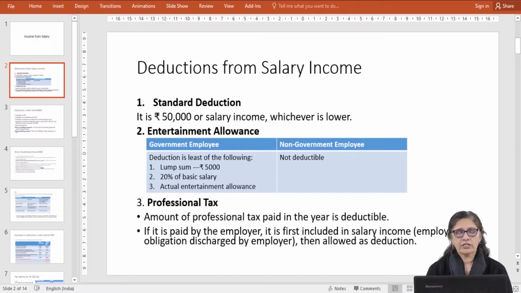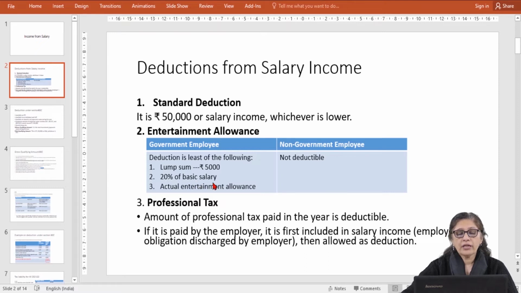For non-government employees, there is no deduction on account of entertainment allowance, but for government employees, after computing gross salary, we give deduction on account of entertainment allowance, which is the least of the three figures. One being lump sum. We have very widely understood the meaning of the term lump sum, which means deduction cannot be more than 5,000.